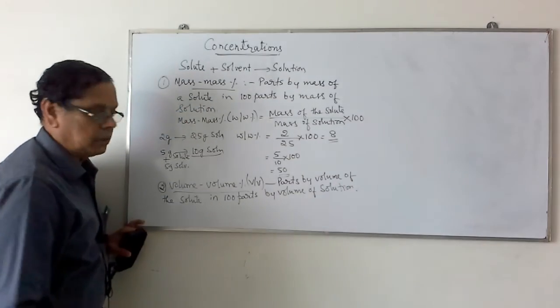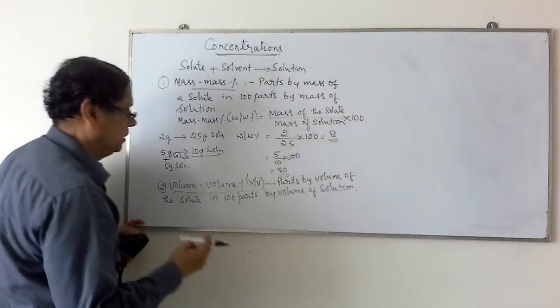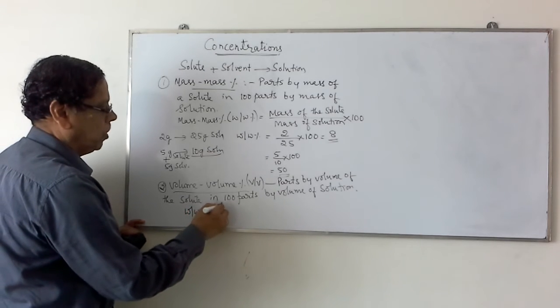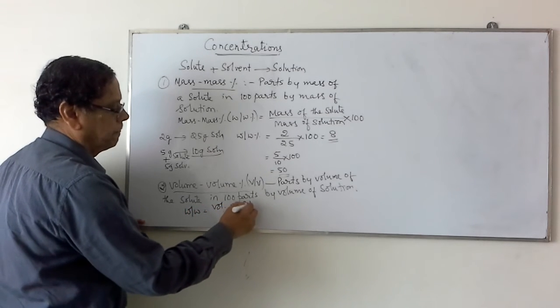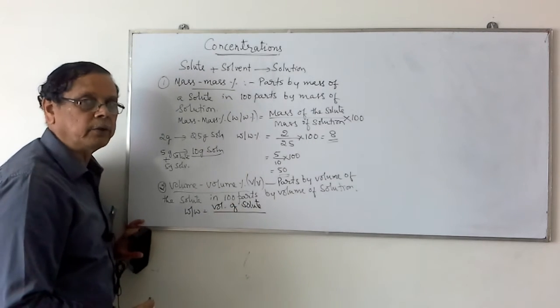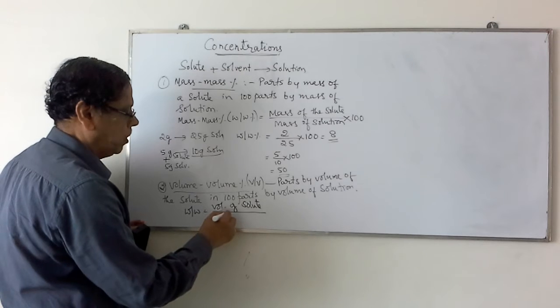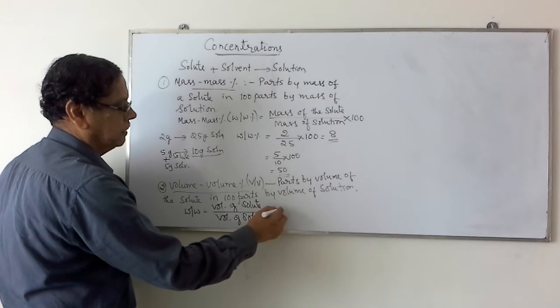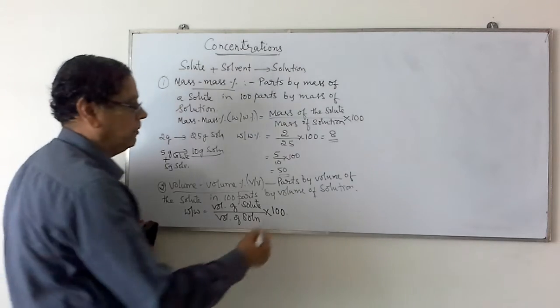That is, this is expressed as V by V percent equal to volume of solute, usually considered when the solute is in liquid form, divided by volume of solution, multiplied by 100.